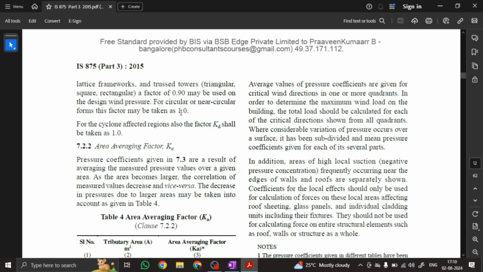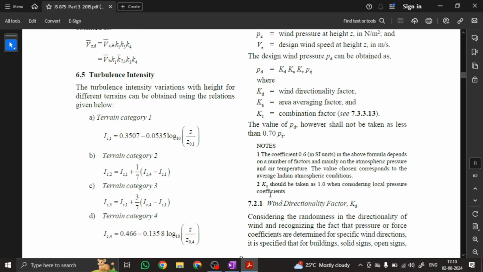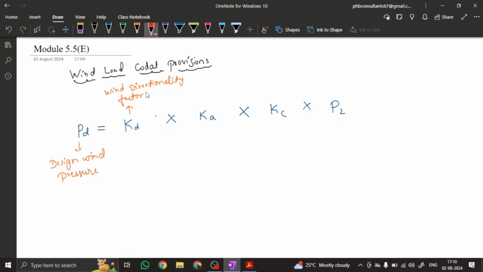You can read, or I will explain in the next session how to take all these values.